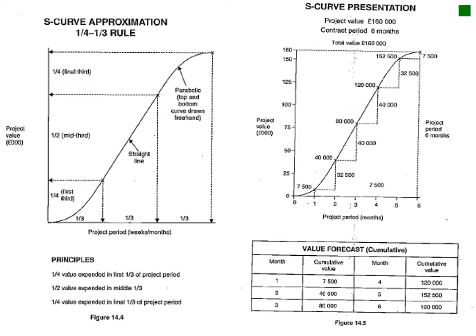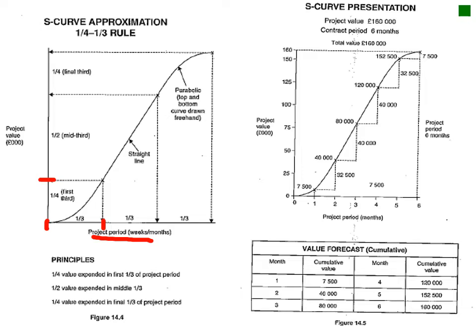the S-curve, and the S-curve is very easy. You've got a quarter, half, quarter rule. Okay, so in your first third of your project you will spend a quarter of your resources.